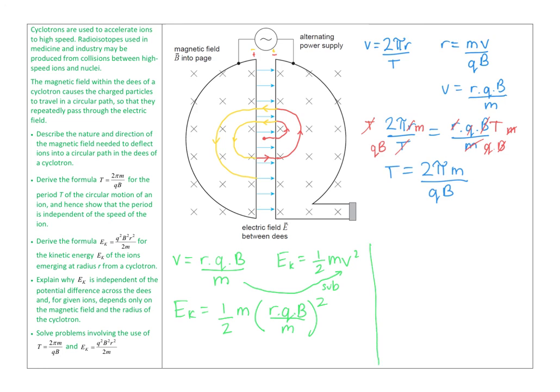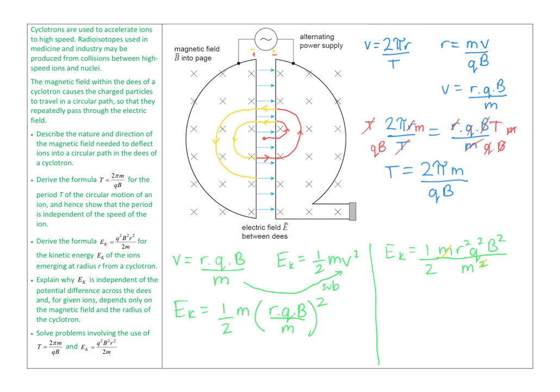So that all comes out to be EK equals a half m r squared q squared B squared divided by m squared. We can simplify this a little bit. The m there cancels out one of the m's in m squared, so we just get left with an m on the bottom.